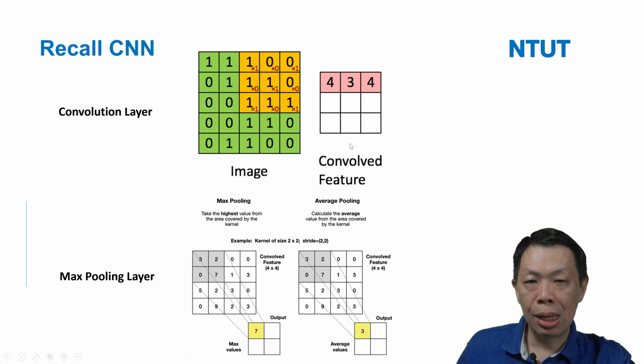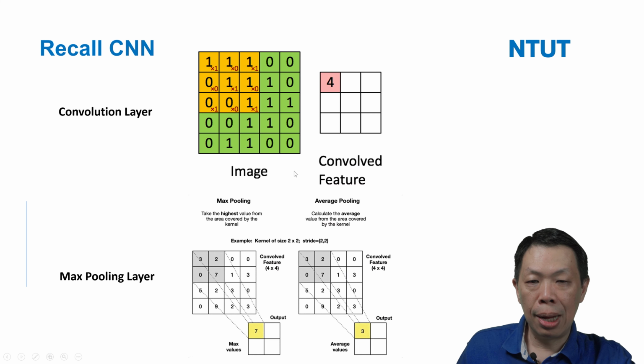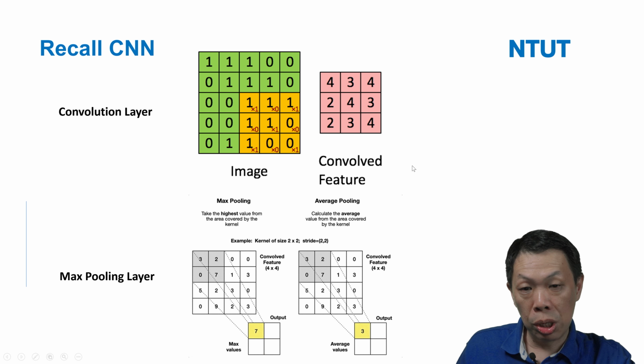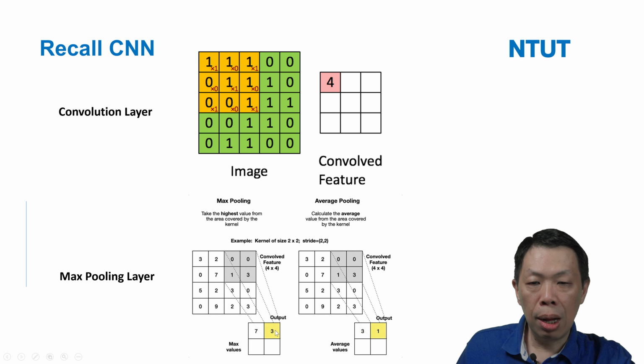That's the convolution part. The max pooling part works after we generate images like this, and we use a max pooling window.